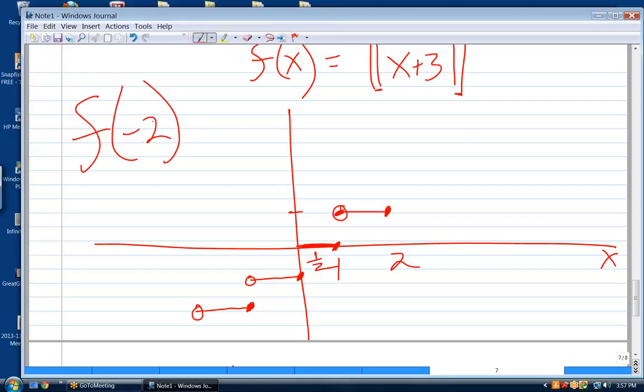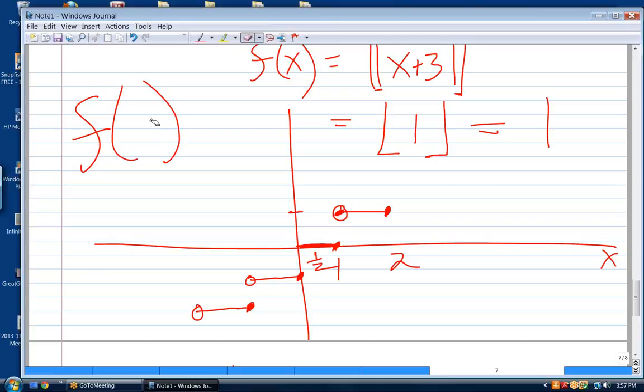Whenever you have a function defined as f of x, and they say f of whatever's in the parentheses, then all we do is plug in this for x.